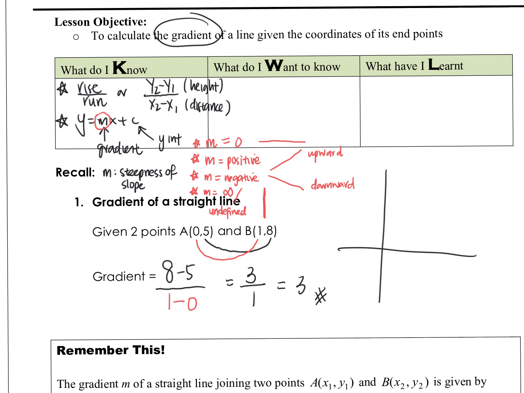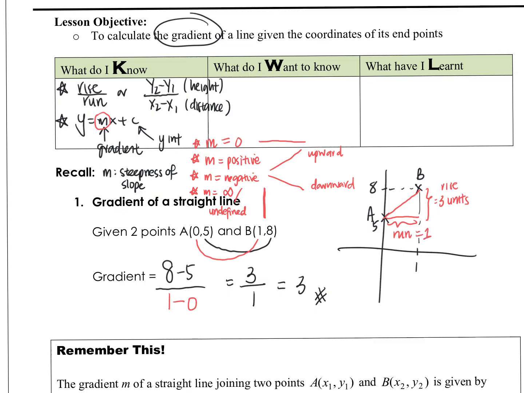Okay, alternatively, this is your A. This is your B. And then you just draw a line. So your rise is 3 units, and then your run is 1 unit.